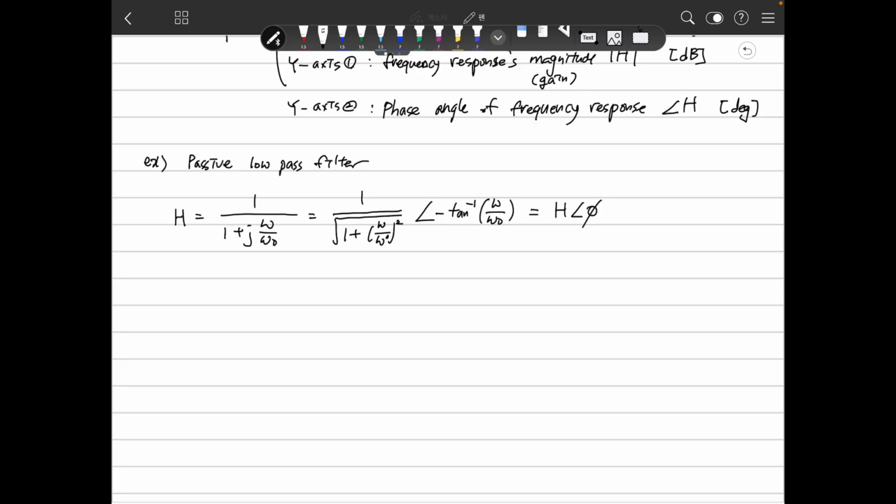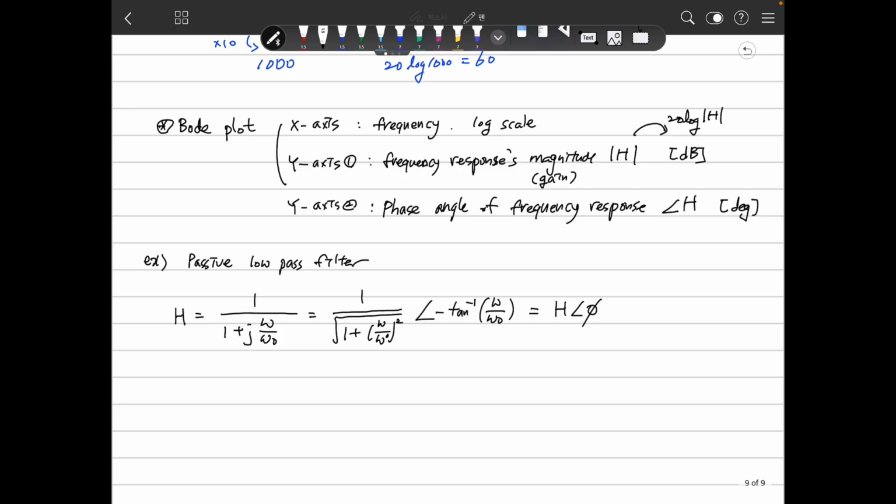Because the frequency response is kind of a phasor, and a phasor is a complex number, there are two variables. When you express the complex number in polar form, there are the magnitude and the phase. So if you want to draw a graph of the phasor, we need two axes because there are two variables: magnitude and phase.